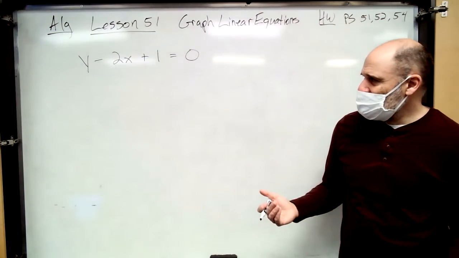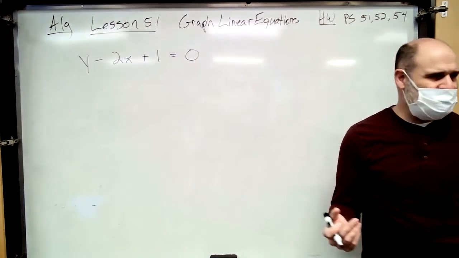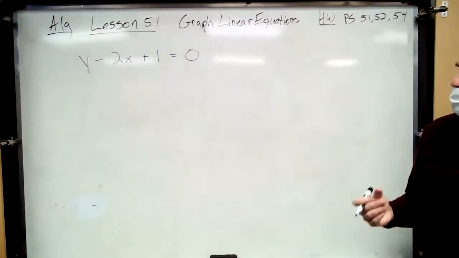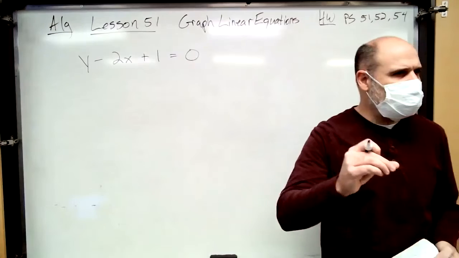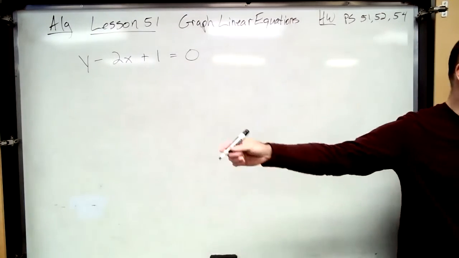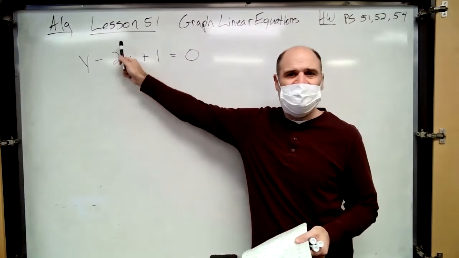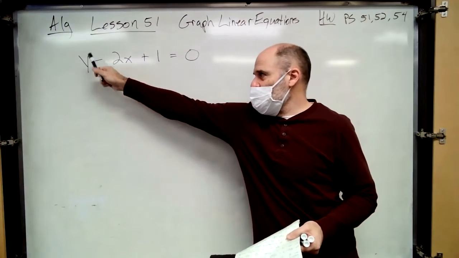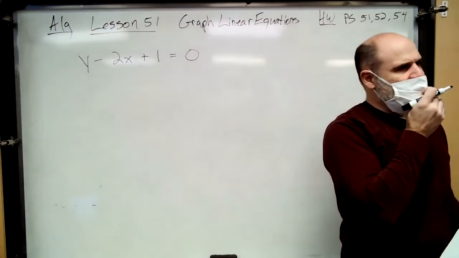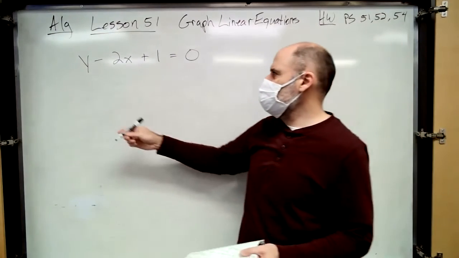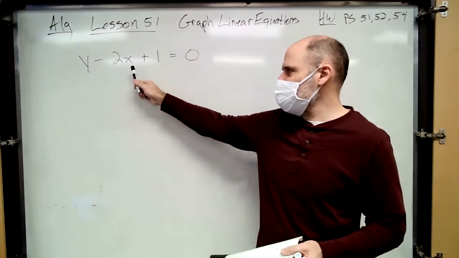So if X was 1 and Y was 1, then it'd be 1 minus 2, which is negative 1, plus 1. So 1 comma 1, if X is 1 and Y is 1, that would be true. Do you see that? If X is 1, that would make this 2. And then if Y was 1, it'd be 1 minus 2 plus 1 equals 0. That works, okay?